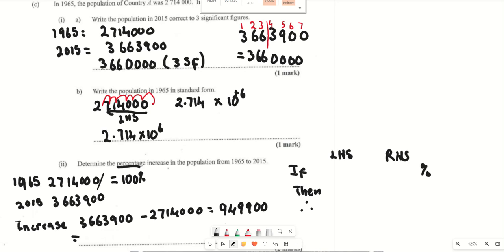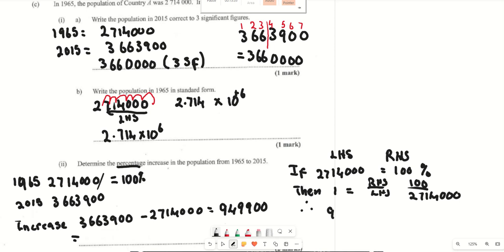Your if line is what is given. We know that 100% is equal to 2,714,000. Your then line is to find for 1. 1 is your right-hand side divided by your left-hand side, which is 100 over 2,714 and 3 zeros. And we're trying to find out what percentage this is.